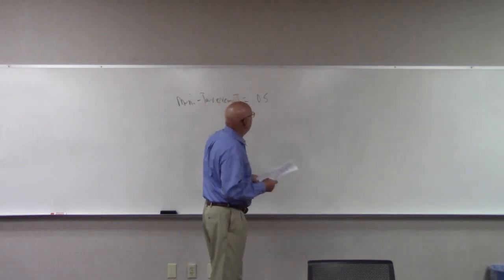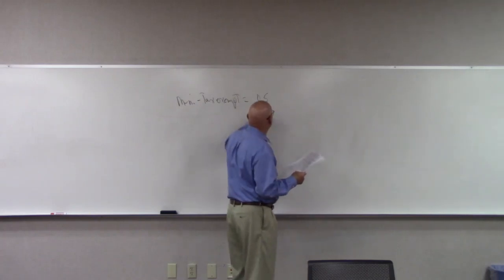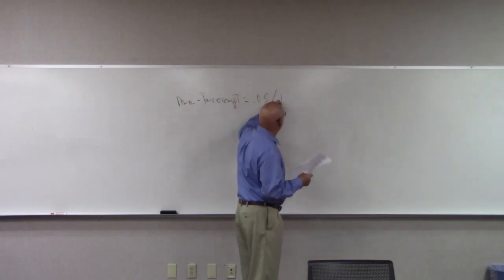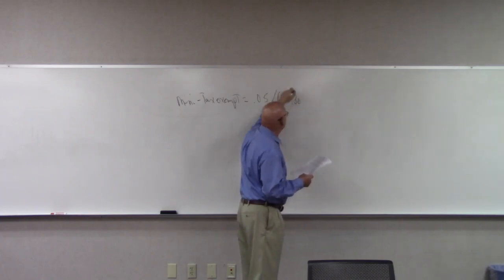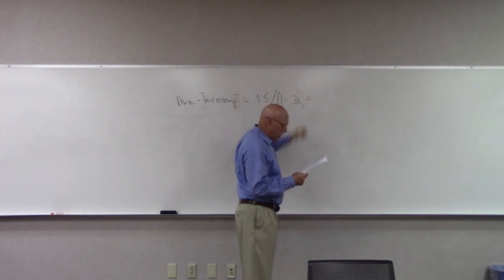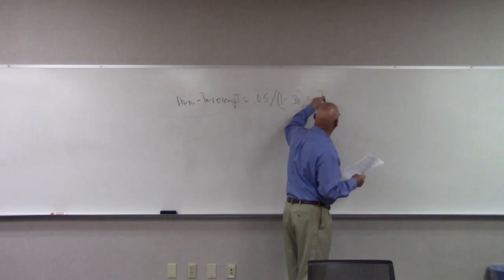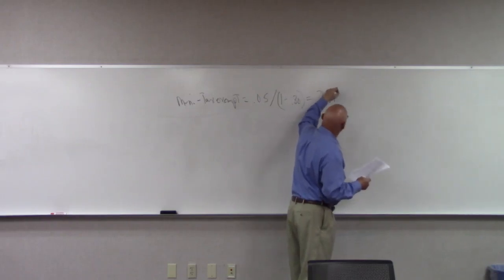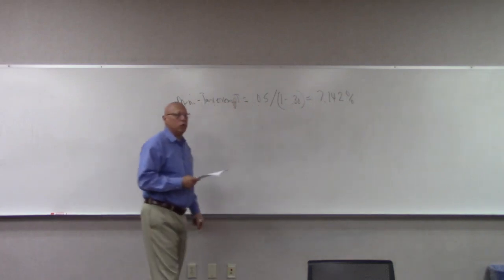The yield is 0.05. So we're going to need the investor tax bracket, divided by 1 minus 0.3. The tax bracket is 30%. So 0.05 divided by 0.7 equals 7.142%. And that is the fully taxable equivalent yield.